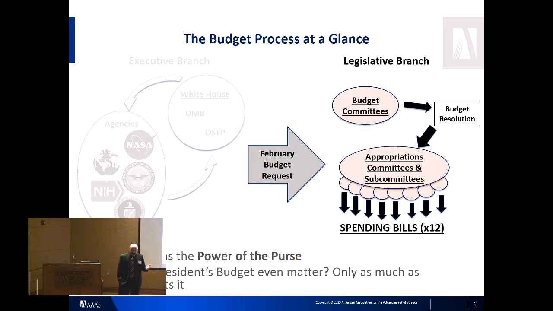Similar story with NIH. President Obama often sought fairly sizable increases for NIH. Didn't get most of them, but the Obama administration also proposed the BRAIN Initiative, which we have now. Towards the end, the Cancer Moonshot. So those are the substantive programs, priorities, initiatives.